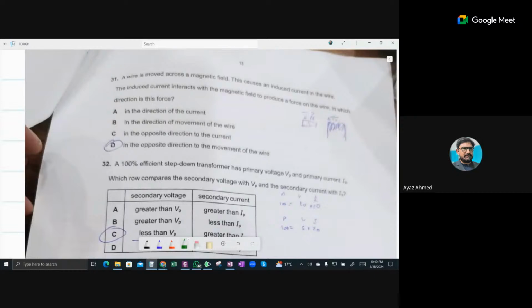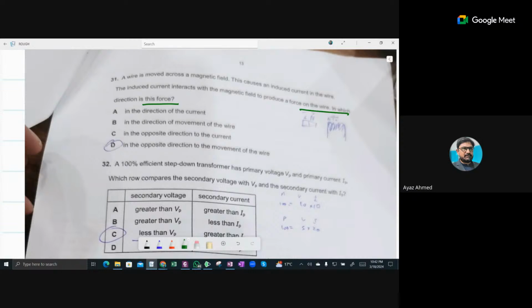This causes an induced current in the wire. The induced current interacts with the magnetic field to produce a force on the wire. In which direction is the force?